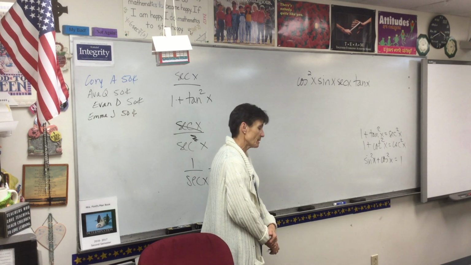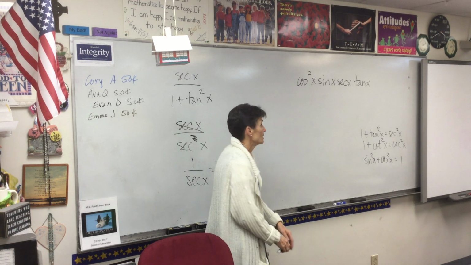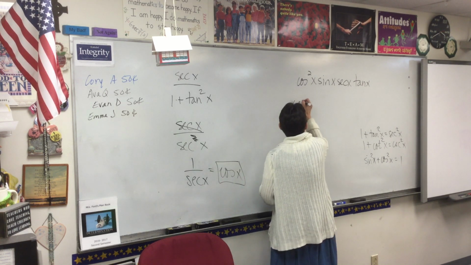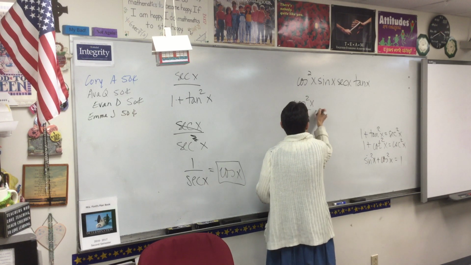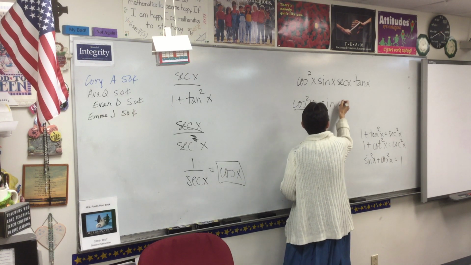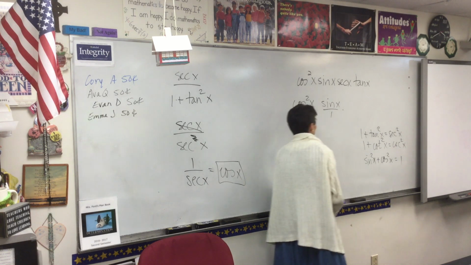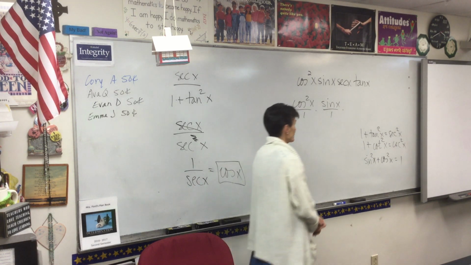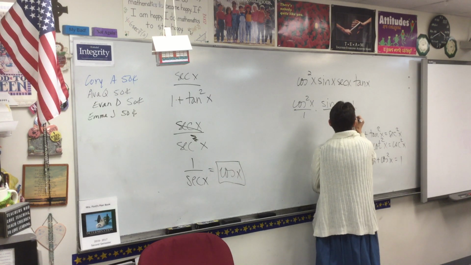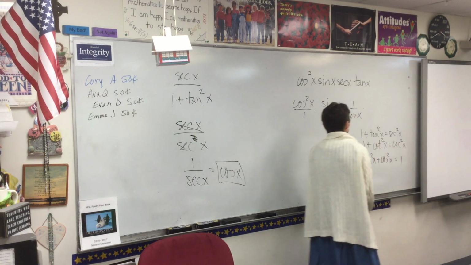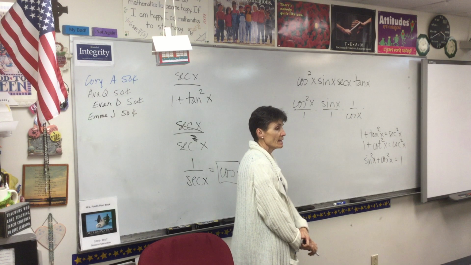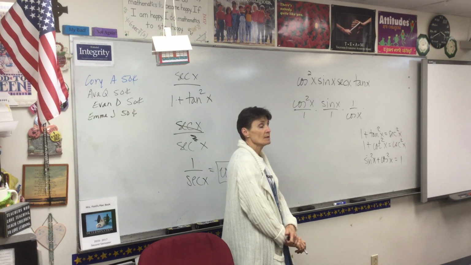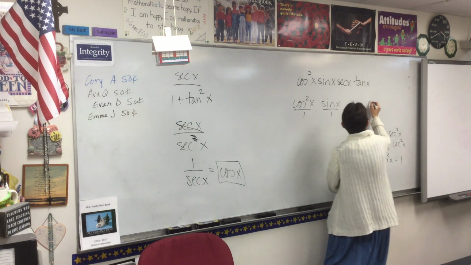We'll get some canceling, hopefully. So cosines don't get changed. Sines don't get changed. Secant is 1 over cosine. And tangent is sine over cosine.